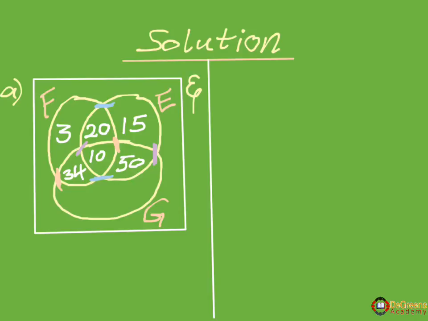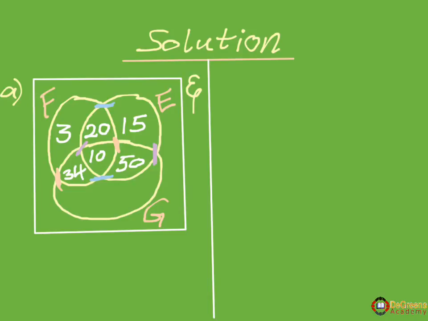And the last value is 104 students study German. 104 students study German means you add everything within the circle for German, it should amount to 104. So discover that you already have 34, 10, and 50 within the circle for German.